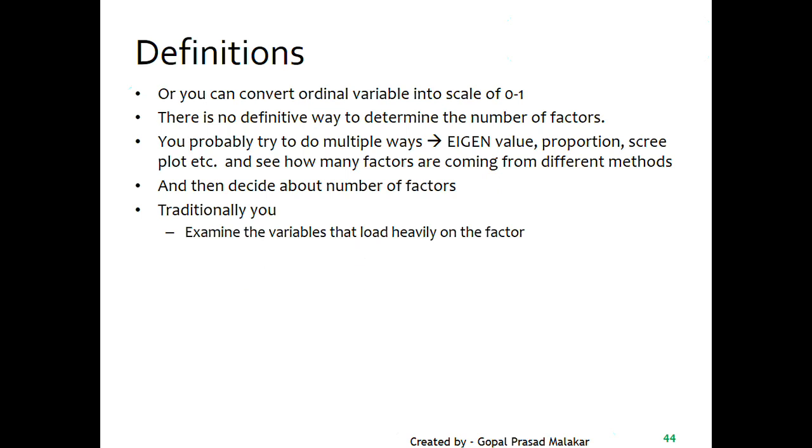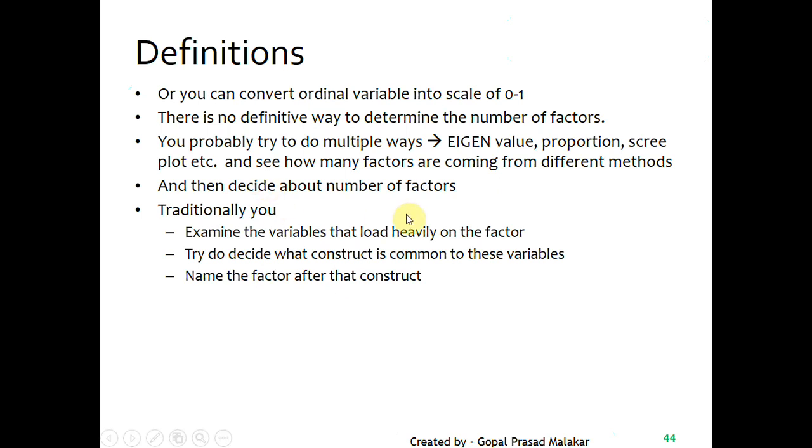So let's say 2 factors are important, then you look at all the variables which load heavily on those factors, and you try to decide what construct is common to these variables. Then you try to name the factor, because if you know that these 3 variables load heavily on this particular factor, you can say this factor is trying to measure this particular latent construct. You will understand this better once I show you the same with an example.